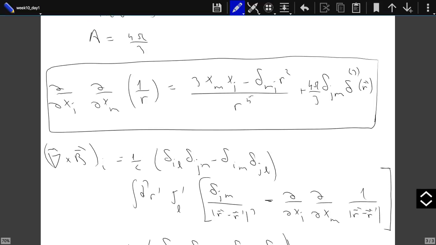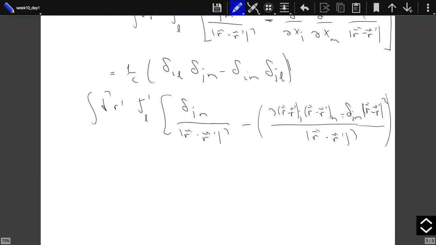And then I have plus 4 pi over 3 Dirac delta 3 of r minus r prime, minus, yes, and I also have Kronecker delta jm.